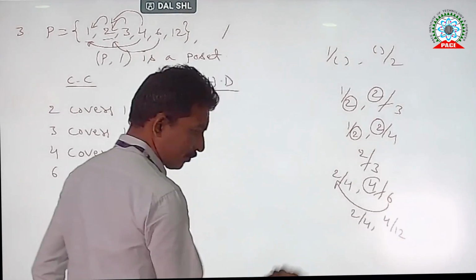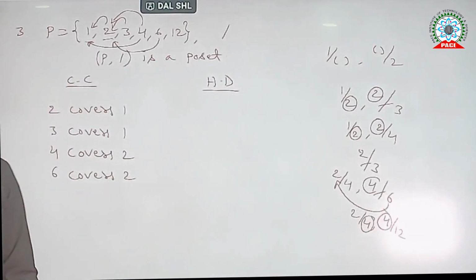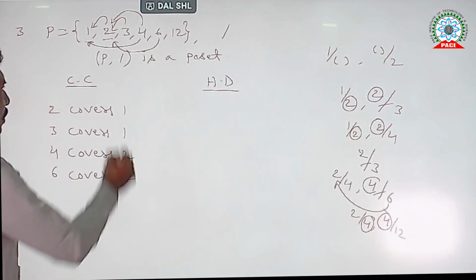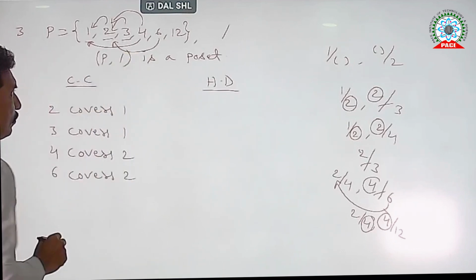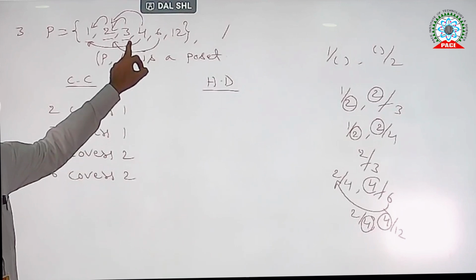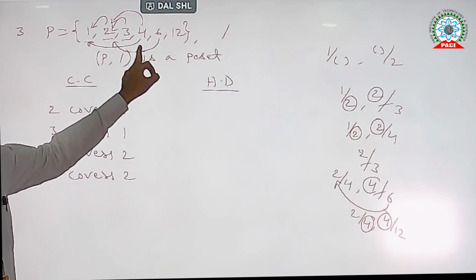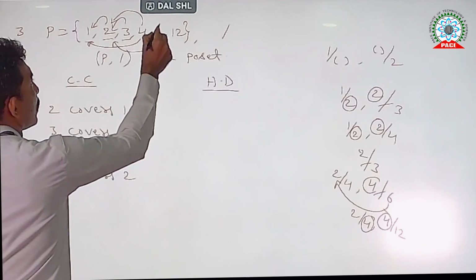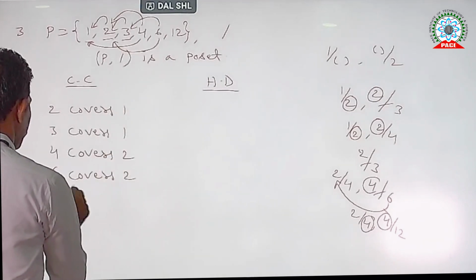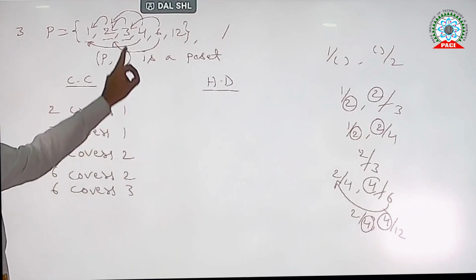Next, coming to 3. 4 does not cover 3, because the initial condition fails: 3 does not divide 4. Next, 6 covers 3. Clearly 3 divides 6, and 3 does not divide 4 and 4 does not divide 6. So 6 covers 3.